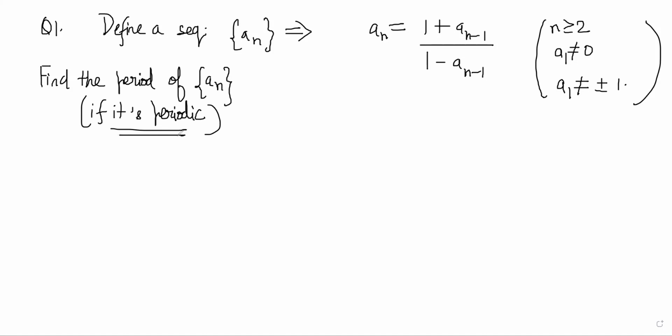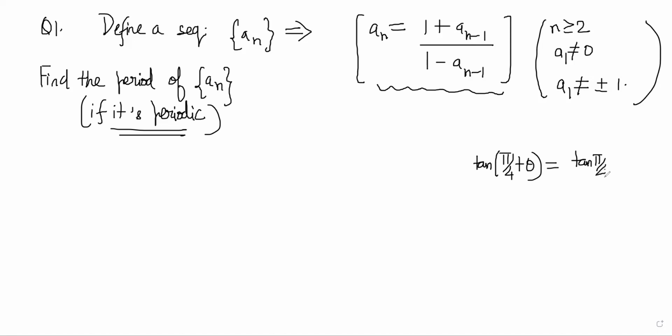So let's look at the general term here. The general term is a_n is equal to (1 plus a_{n-1}) by (1 minus a_{n-1}). The form of this sequence should remind you of the trigonometric formula. If you think about it, tan of pi by 4 plus theta is what? Tan pi by 4 plus tan theta by 1 minus tan pi by 4 tan theta, right?